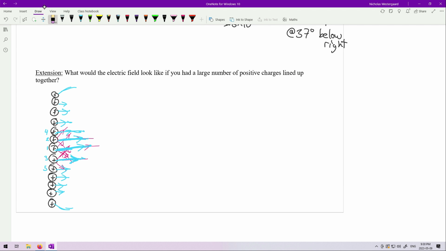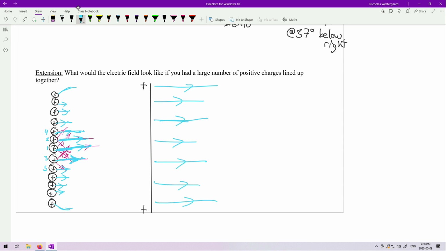So what happens if we have a whole line of charges there, infinitely packed together, a whole set of positive charges? You end up making a uniform field headed out in one direction.